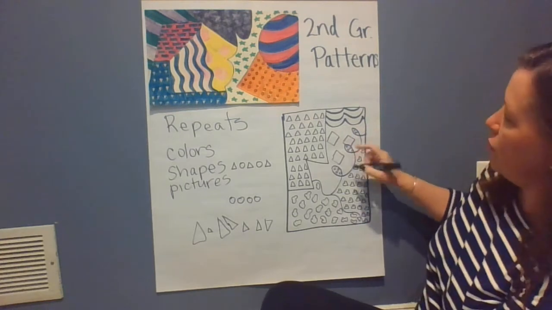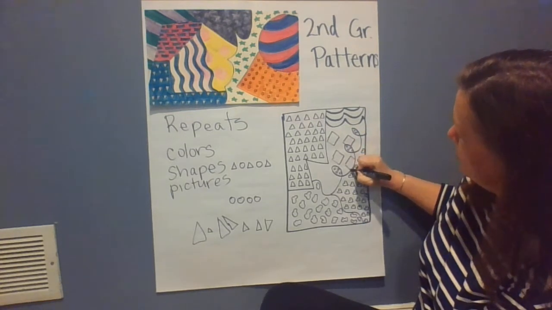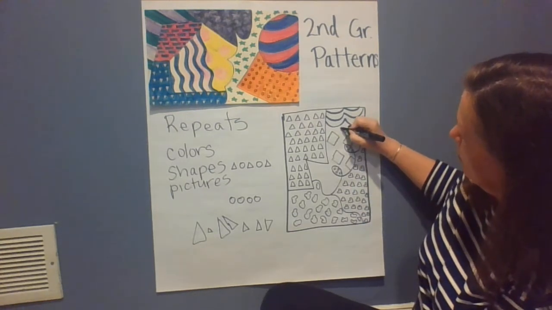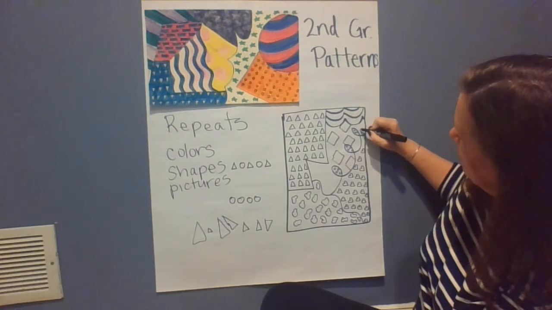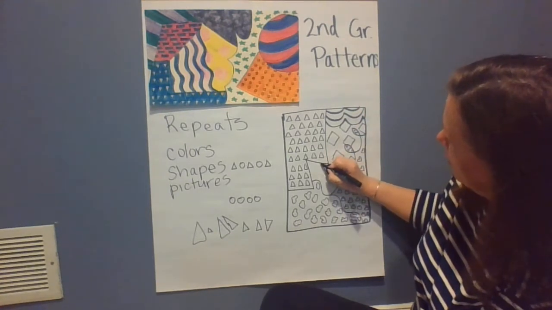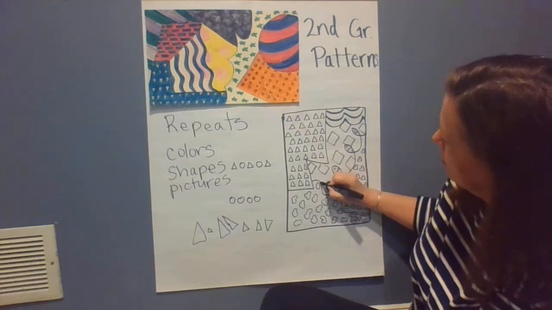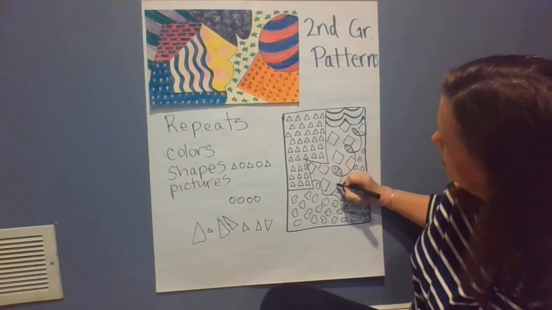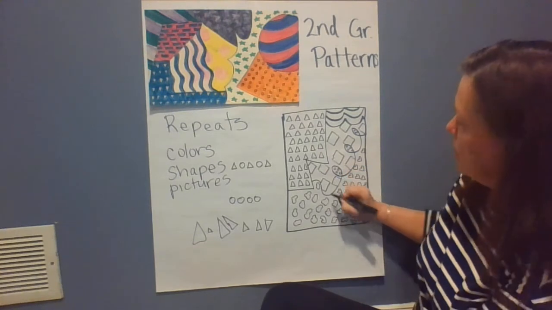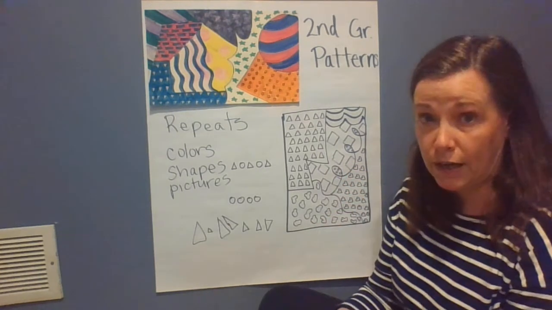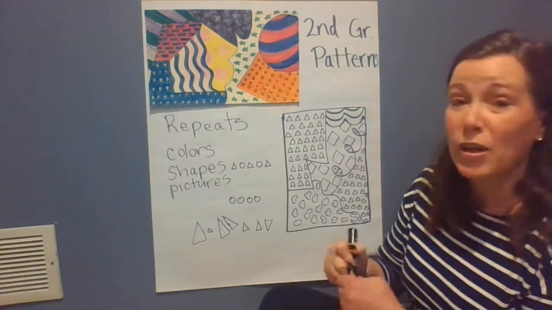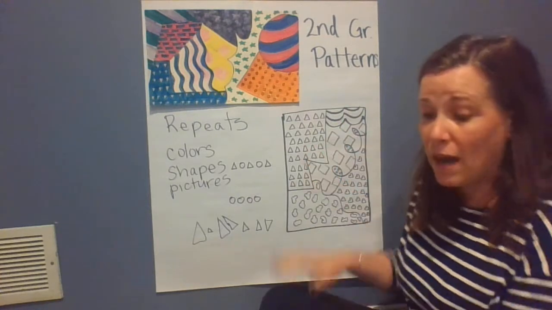And some of them, if they're in the way of another spot, maybe that's okay. But I'm filling this area with the same shape over and over again. So here my shapes repeat in my pattern.